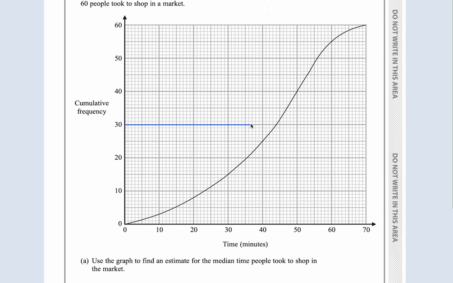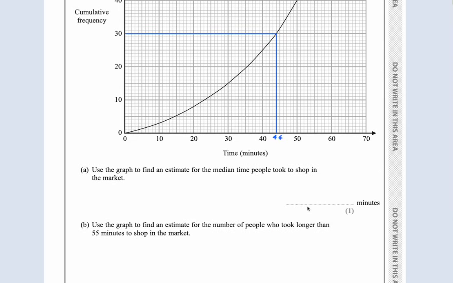We go across to the line, and we go down. There. So we have 41, 42, 43, 44. The median is 44. So our median is 44 minutes.